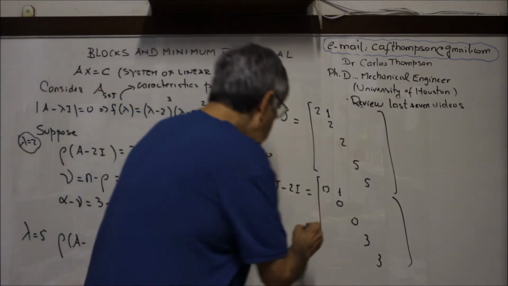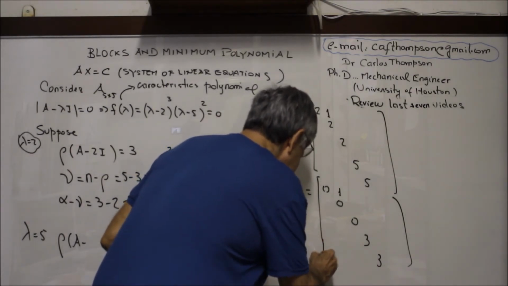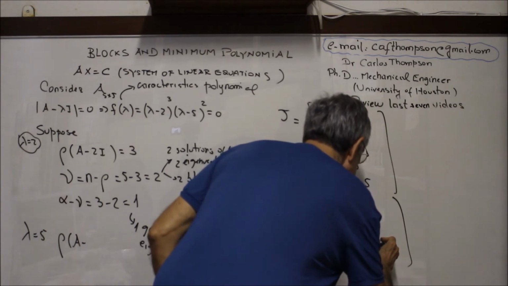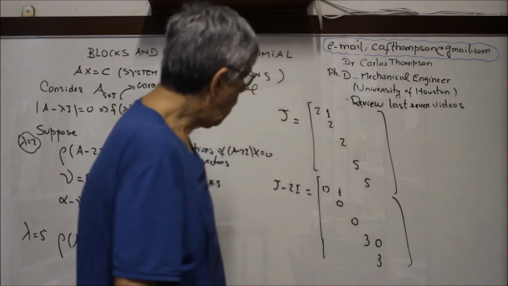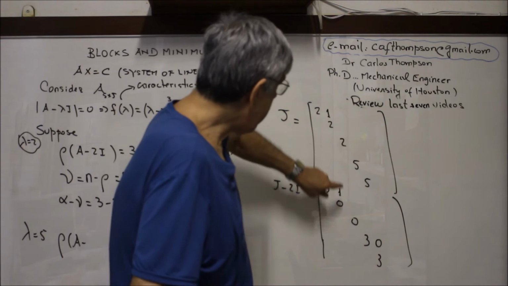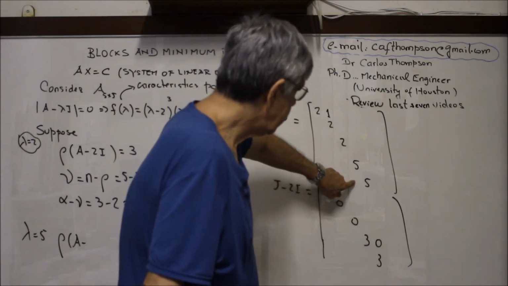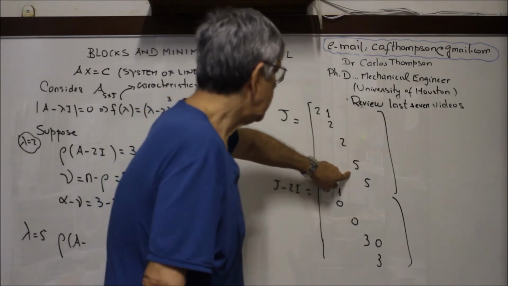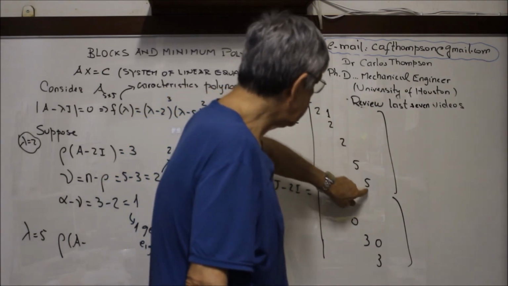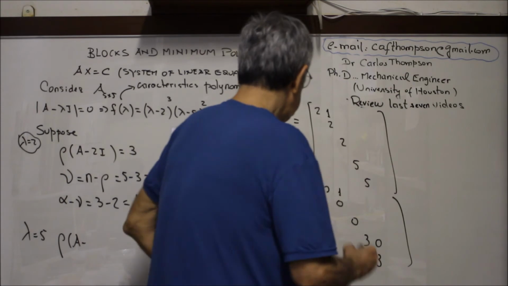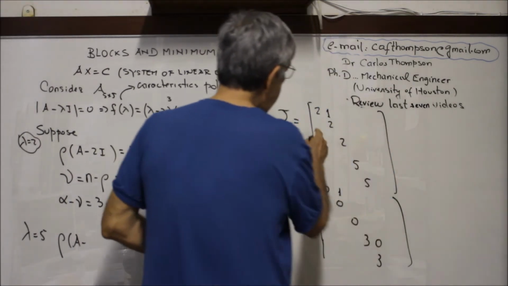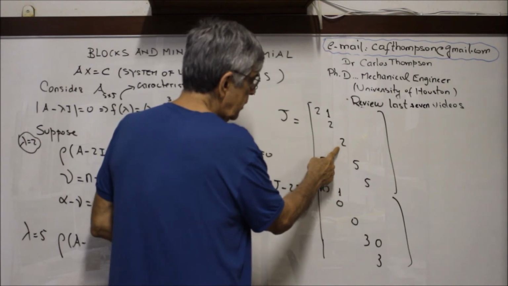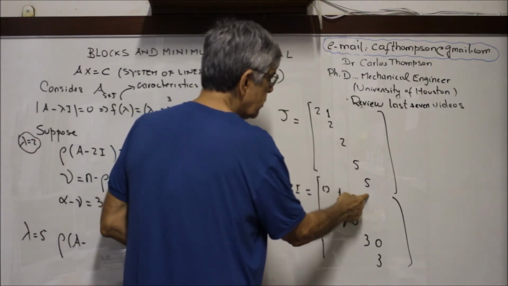Now, suppose J minus 5I, if I have 0 here and 0 here, and here I have minus 3, minus 3, minus 3, and here I have 0 and 0.